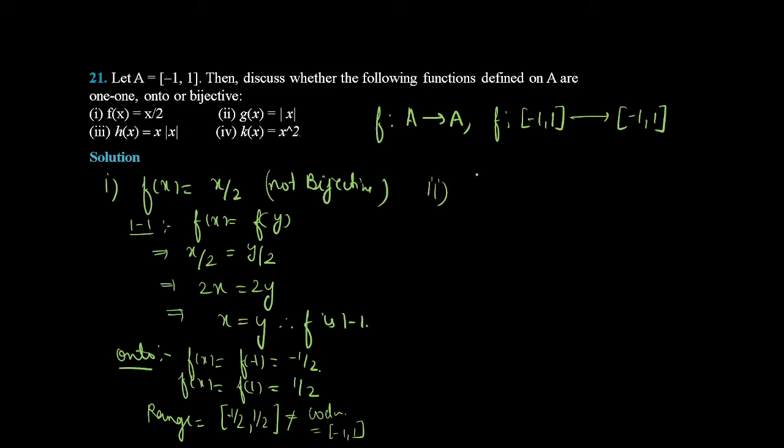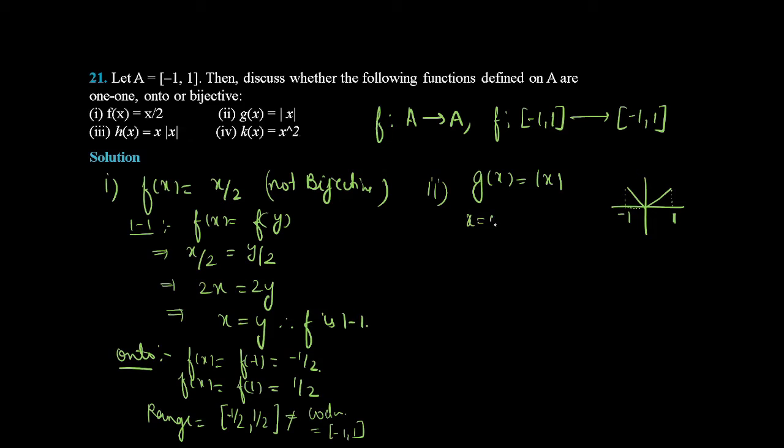Now for the second part, the gx function is mod x. So we can easily check the mod x function. So this is my mod x function, and this is my point -1, this is my point +1. Okay, so we can see that if I take x is equal to -0.5 and x is equal to 0.5, for both values the functional value would be the same.